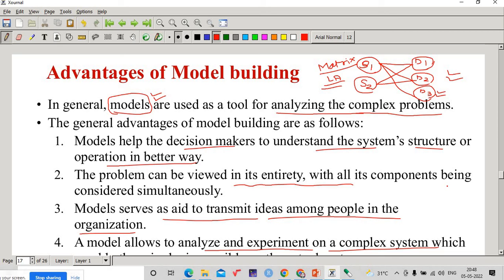So that sort of questions may be asked in examination regarding operation research.